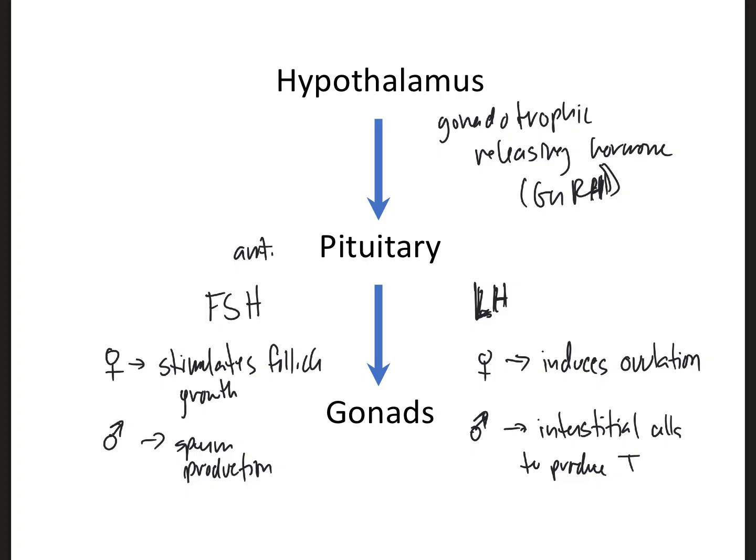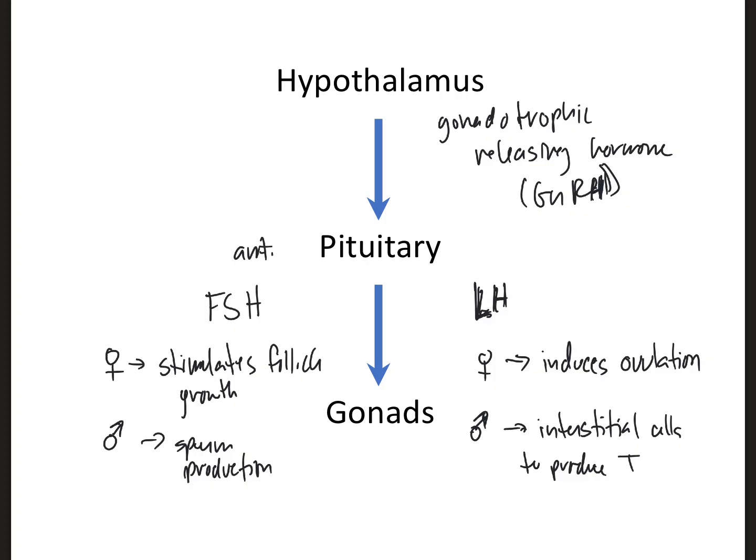FSH is released in response to GnRH, and that helps to induce growth of a follicle, development of the oocyte, and maturation of the gamete. Same thing for males. Sperm production is dependent upon FSH and LH.